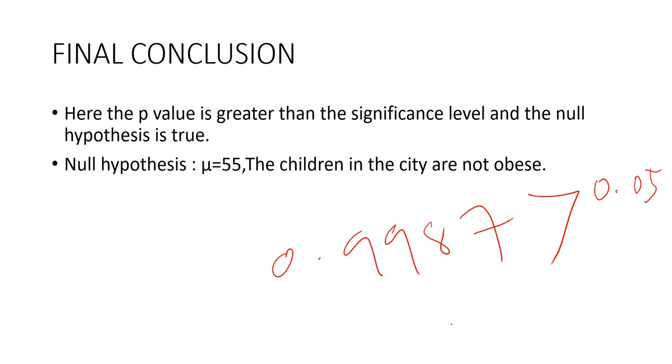That is, our p value is greater than the significance level alpha. Based on these two parameters only, we conclude whether to go with the null hypothesis or the alternate hypothesis. Here the p value is greater than the significance level, so the null hypothesis is true.